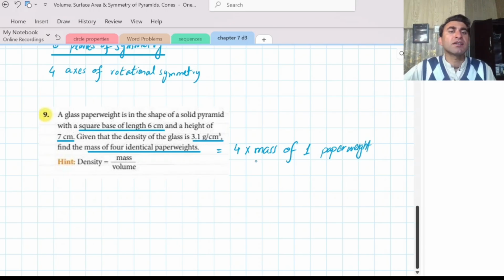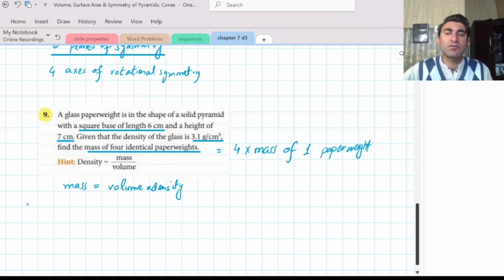In order to find the mass of one paperweight, as we can see, we are given the dimensions of that pyramid, and through that we can find the volume. So we will rearrange this formula. It will become mass equals volume multiplied by density, and then we will multiply it by 4 in order to get the mass of 4 identical paperweights. First of all, let us find the volume.